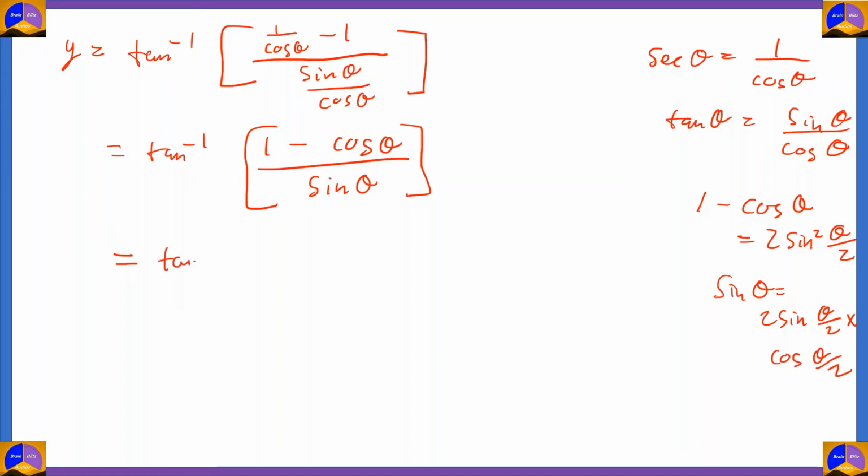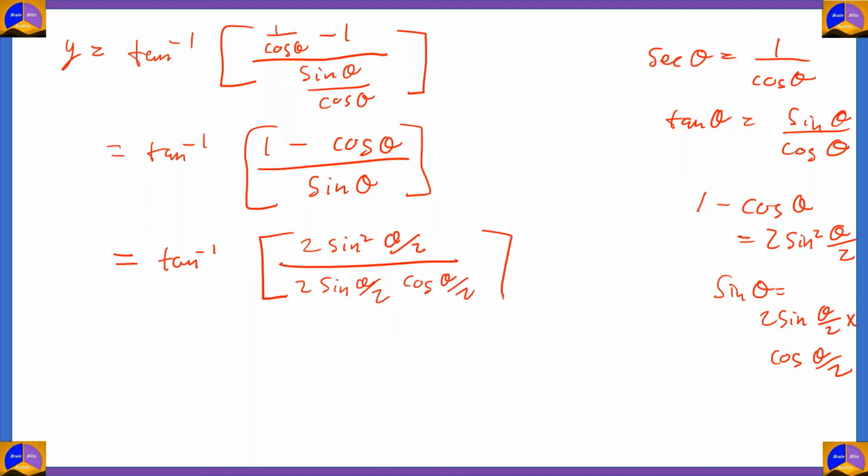So therefore, y is equal to tan inverse of, and in the bracket, 2 sine square theta by 2 all divided by 2 sine theta by 2 cos theta by 2. So here we can cancel it. 2 and 2 get cancelled. One of the sine theta by 2 gets cancelled.